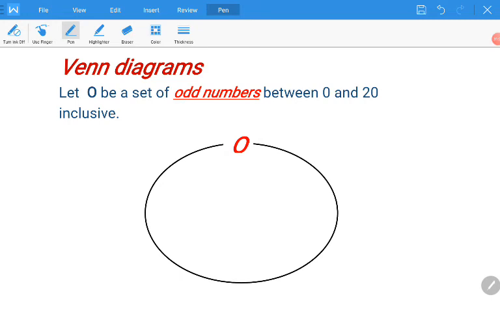Now, let's suppose our universal set is made up of numbers between 0 and 20.